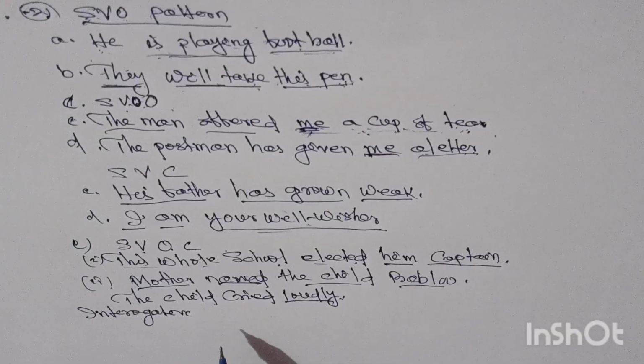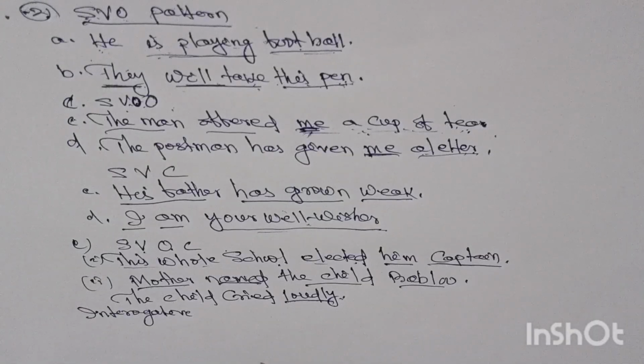There are 2 types of interrogative. One is the yes or no question, which is made by using auxiliary verbs, and the second is the WH question. By using helping verbs or auxiliary verbs, we can make questions; that is known as a yes or no question.